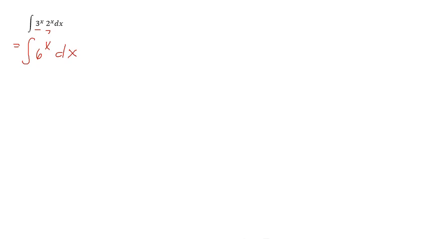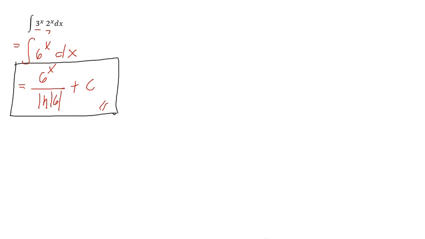Now, we could apply the basic integration formula for a logarithmic function. So this is equal now to 6 raised to x all over ln of 6 plus c. This is now the final answer.